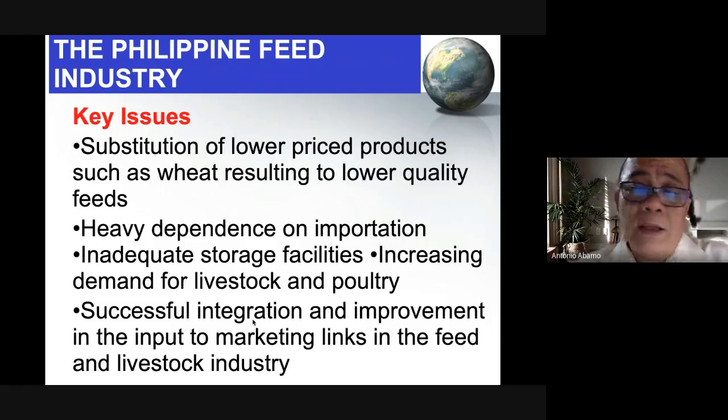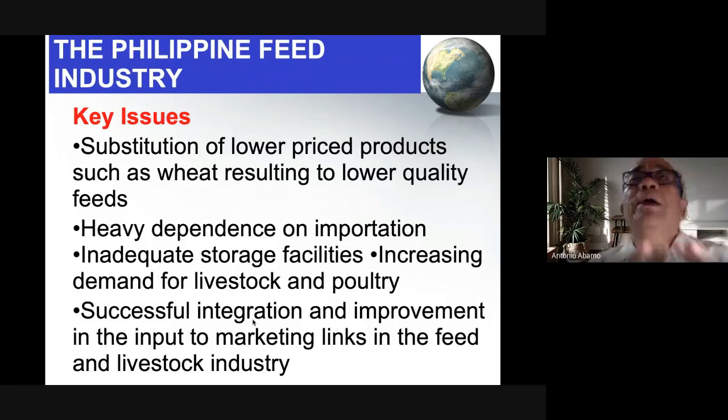Okay, and corn, once it is attacked by molds, it's no longer fit for livestock consumption. And then another is market links in the feed and livestock industry. Okay, so there is really a labyrinth of various problems in the feed milling industry.